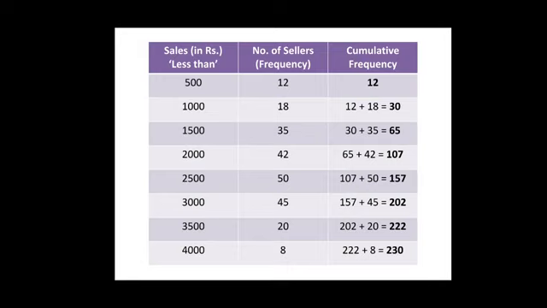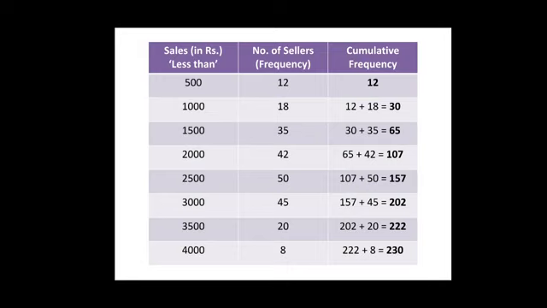The cumulative frequency of the first class is the same as the frequency of the first class. Now add the frequency of the second class to the cumulative frequency of the first class, and it is 12, that is the cumulative frequency of the first class, plus 18, the frequency of the second class, which is equal to 30. So 30 is the cumulative frequency of the second class, which shows that there are 30 sellers whose daily sales are less than rupees 1000.